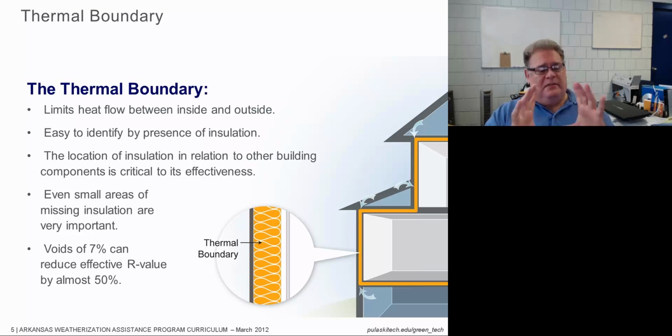I want you to stop and think about an attic area where we go in and we put in R40 of insulation. We blow in R40, and then we come back and we remove 7%, an area of floor space that's equal to 7% of the floor area that we just covered to R40.